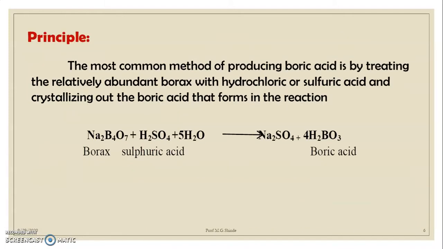So, the principle involved in today's practical. It is the most common method of producing boric acid, by treating the relatively abundant borax with hydrochloric or sulfuric acid and crystallizing out the boric acid that forms in the reaction. Whatever product is obtained, we have to filter it and collect the product.